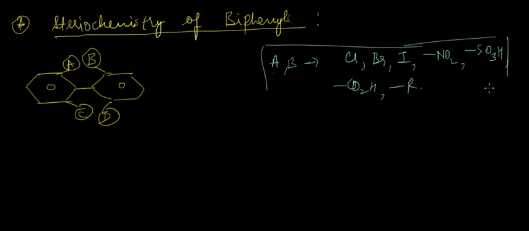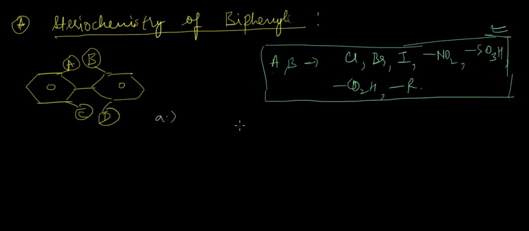So A and B can take any atom from the box. So we would have something like this box, and because of this steric hindrance, we'll talk about three things.